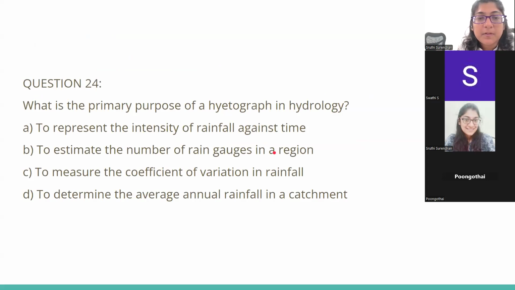Now, what is the primary purpose of a hydrograph in hydrology? It represents the intensity of rainfall against time, or it is estimating the number of rain gauges in a region, measuring the coefficient of variation of rainfall, or determining the average annual rainfall in a catchment.